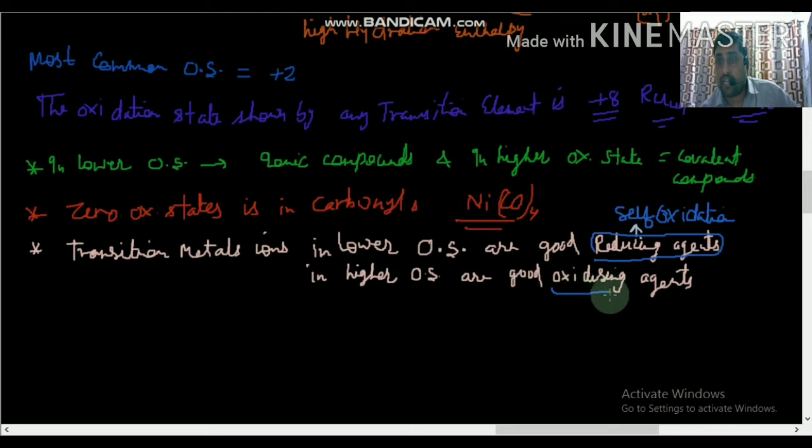Similarly, oxidizing agent means self reduction. Now they are already in their higher oxidation state, so they cannot oxidize further; they have only one direction, that is self reduction. That's why they are good oxidizing agents.